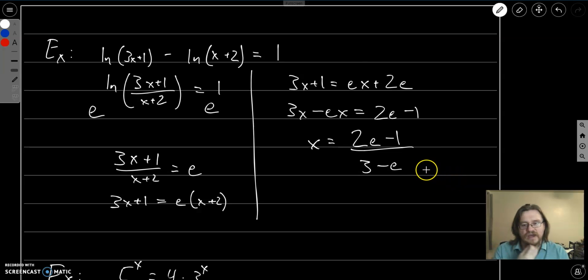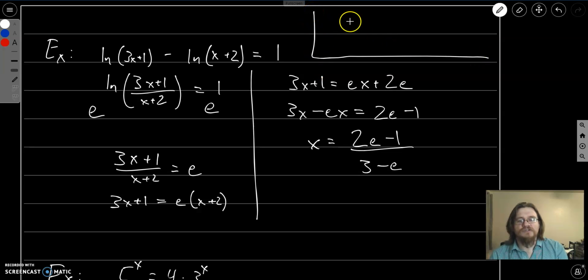Cool. And again, we want to check to make sure that this works. The one thing that we want to check with a natural log, with logarithms, is that we can only plug positive numbers into a logarithm. And there's a reason for this.